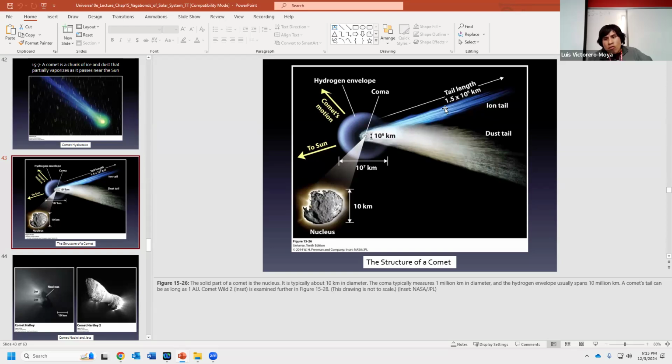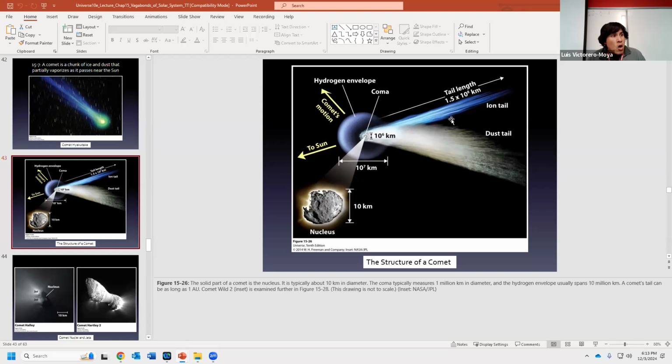This one is 150 million kilometers, so about 1 AU in length. We have found comets which have tails of a few dozen light years long.